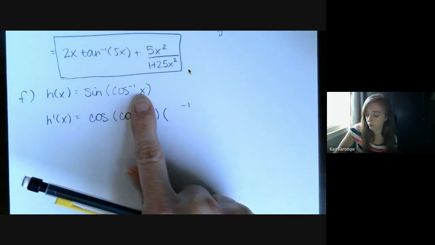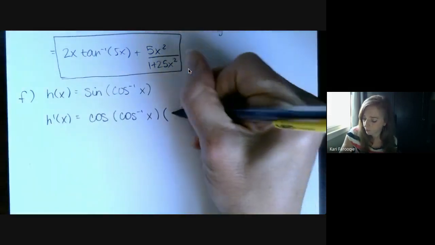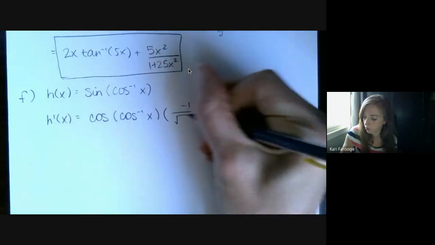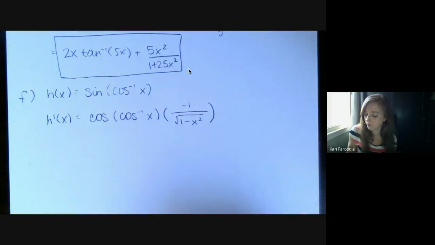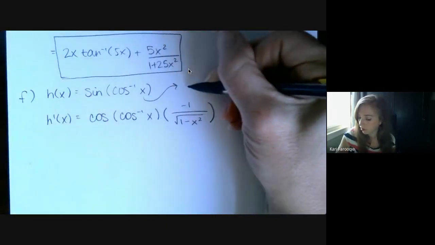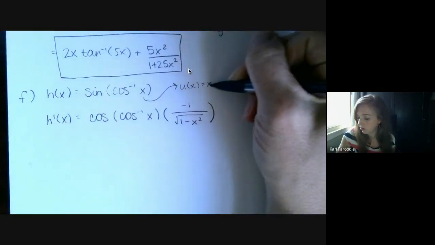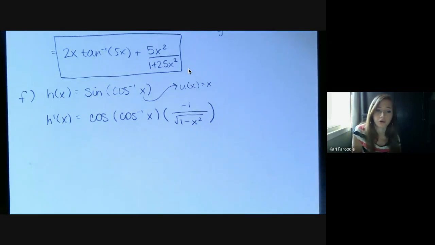U in this case would be x, divided by the square root of 1 minus u squared. So if you want to label this u of x equals x to match your formulas from earlier, that's fine. I find that helpful.